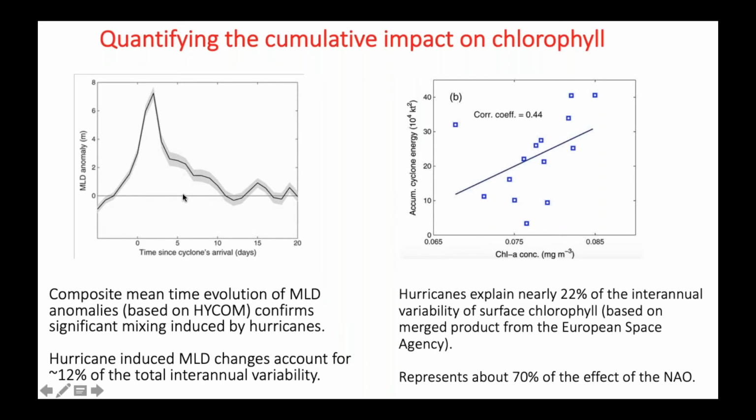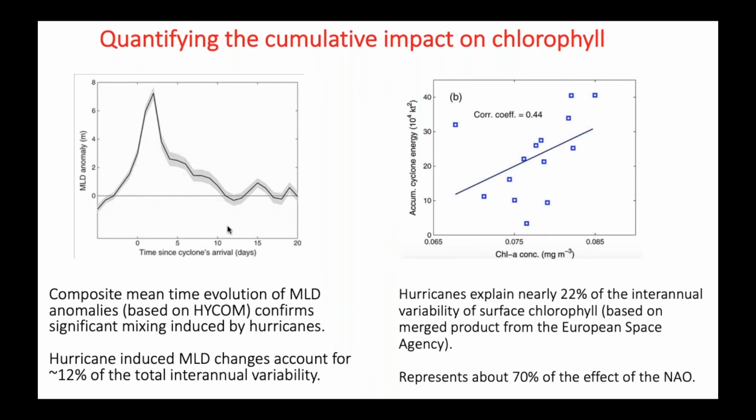What this means is the subsurface water is entrained into the surface. Now we know that this subsurface water is not only cooler, but it's also nutrient rich. Now, to further quantify the effect of hurricanes on mixing and mixed layer depth, we looked at the correlation between the seasonal accumulated changes in mixed layer depth and an index of the hurricane, such as the accumulated cyclone energy.